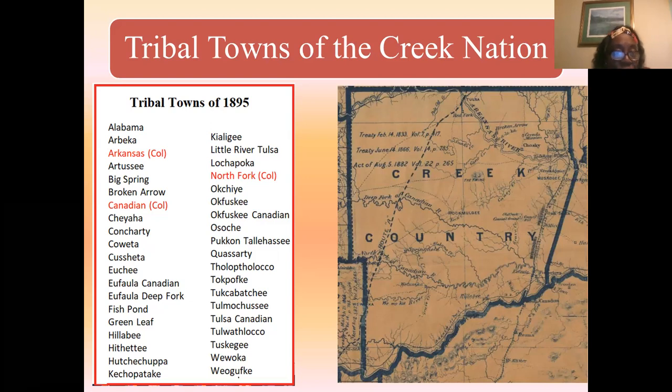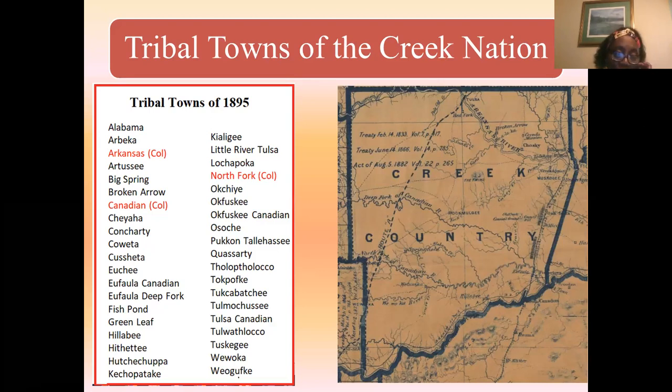Now, some of the tribal towns that you see, and I went through the entire 1895 roll within the Creek Nation and wrote down every single tribal town. And 3 of those towns were freedmen towns: Arkansas, Canadian, and North Fork. You see them in red here.